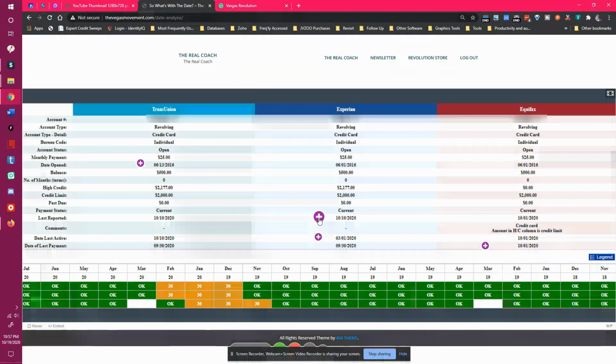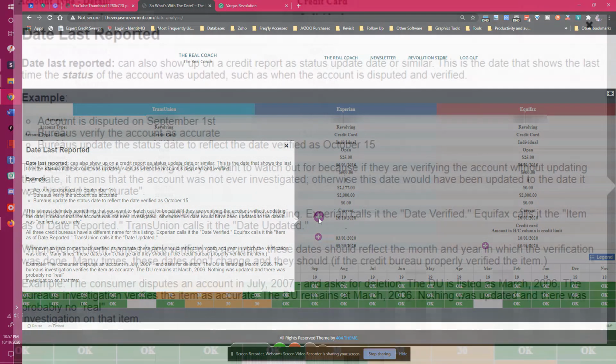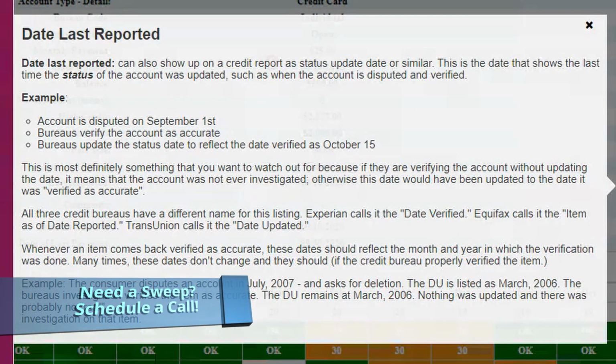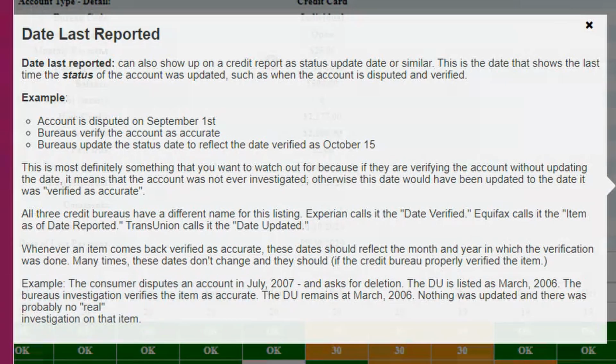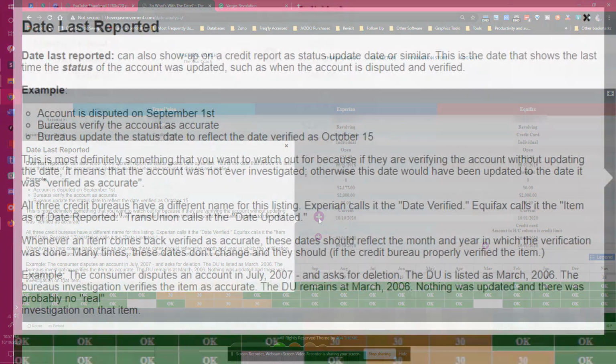All right, so the next one, very important, date last reported. The date last reported can also show up on your credit report as the status update date or similar. So this is actually the date that shows the last time the status of the account was updated, such as when the account is disputed and verified, right? Just as an example, the account's disputed on September 1st.